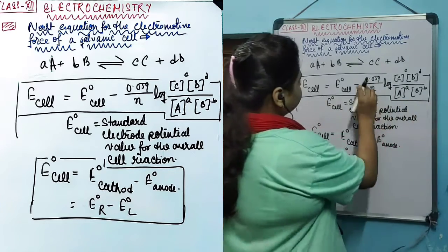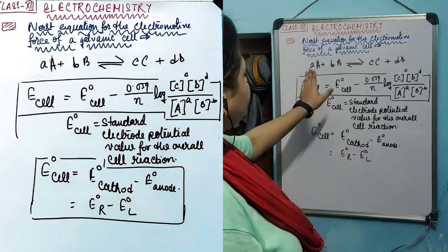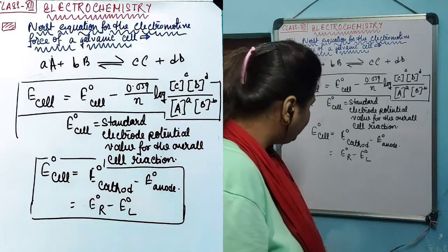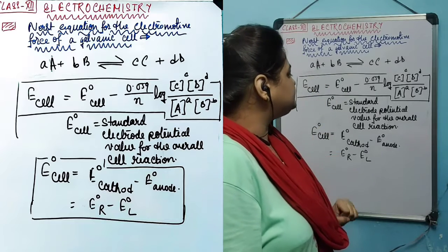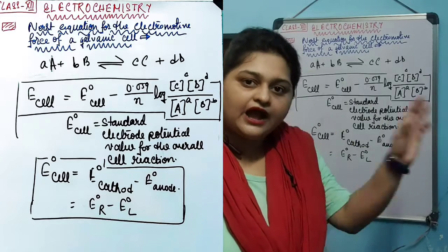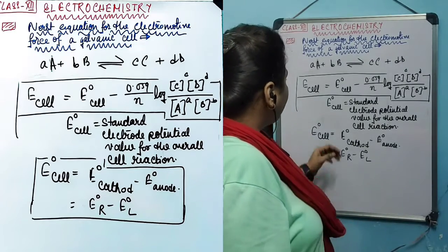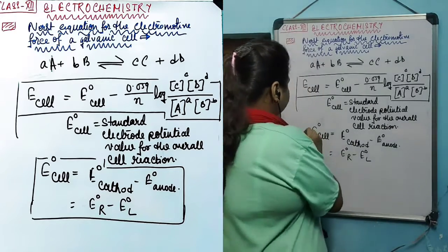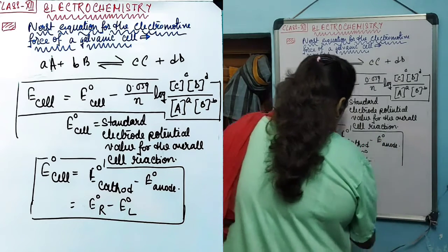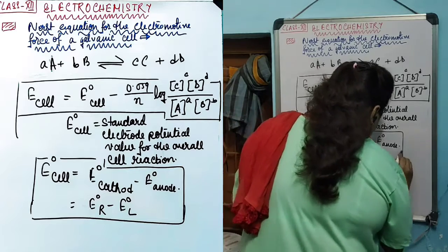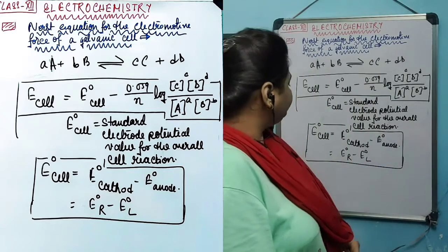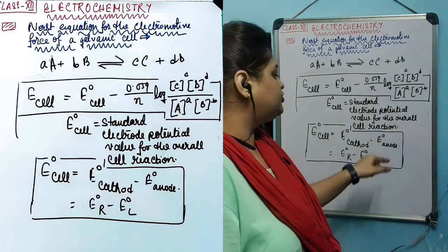So this equation represents the entire galvanic cell's electrode potential value, and this one represents the overall standard electrode potential value for the entire galvanic cell reaction, and this can be calculated with the help of this equation, in which E naught cell equals E naught cathode minus E naught anode.